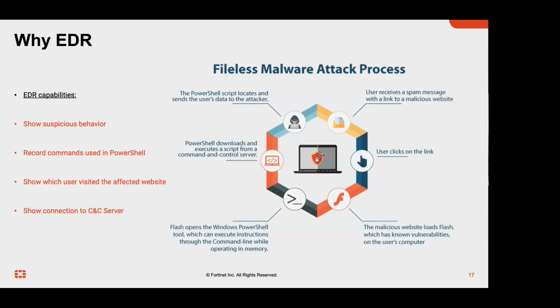The other one is this fileless attack. As well, we see the suspicious behavior, but one of the most important parts for fileless attacks is that we are able to see and record the commands used in PowerShell or even in the command line. This means the malicious code runs in memory, opens PowerShell, and starts to issue some commands.